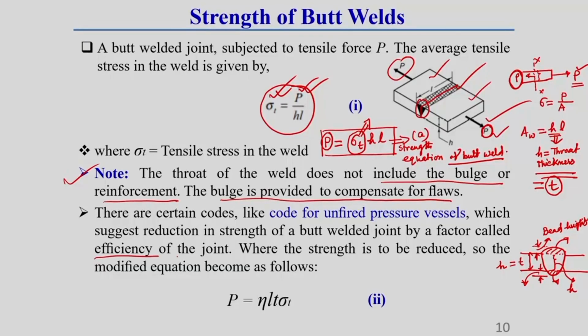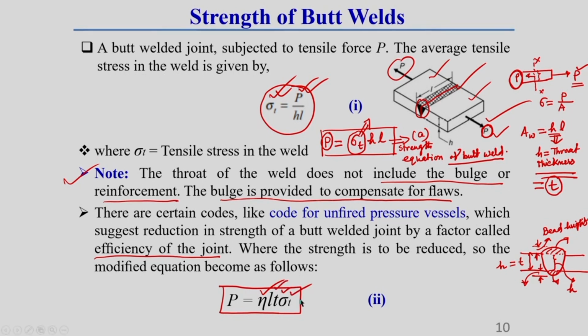This reduction factor is called the efficiency of the joint. If we incorporate the efficiency, the strength equation of butt weld is converted to P equal to eta into L into T into sigma T.